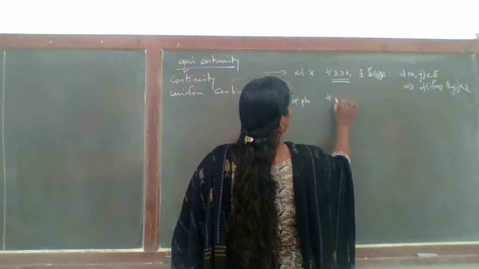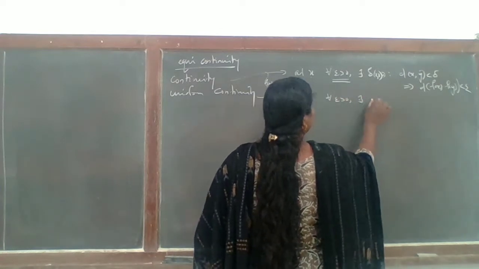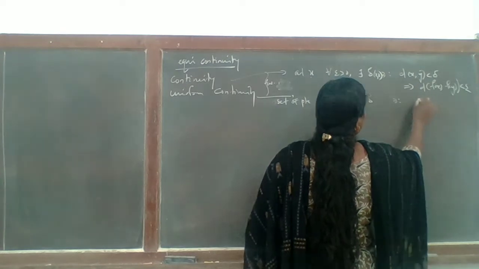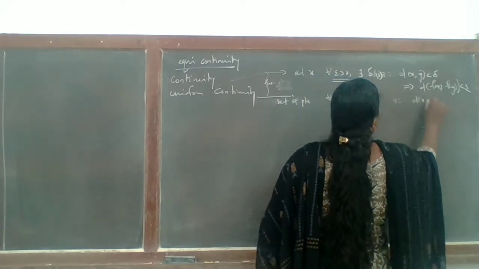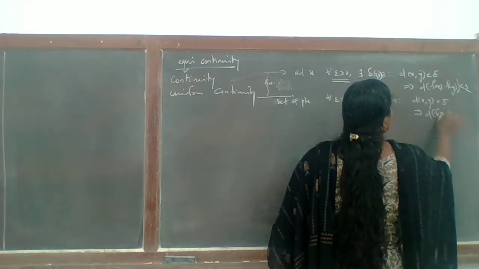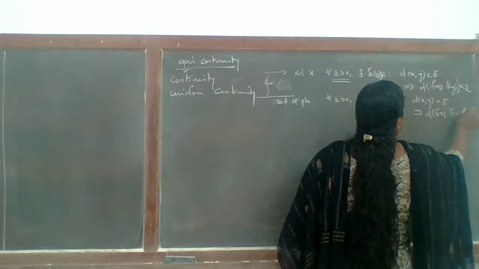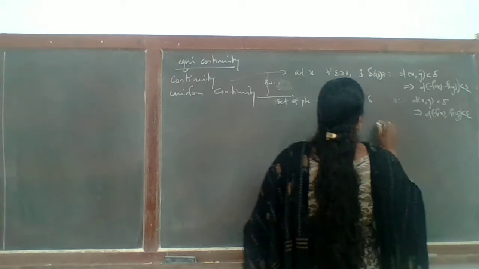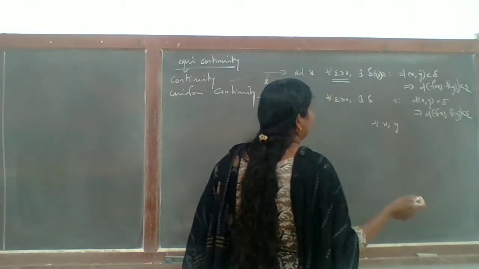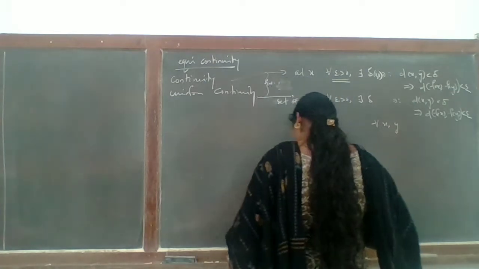Where we have for every epsilon positive there exists a delta positive such that d(x,y) less than delta implies d(f(x), f(y)) less than epsilon, for all x, y satisfying d(x,y) less than delta.